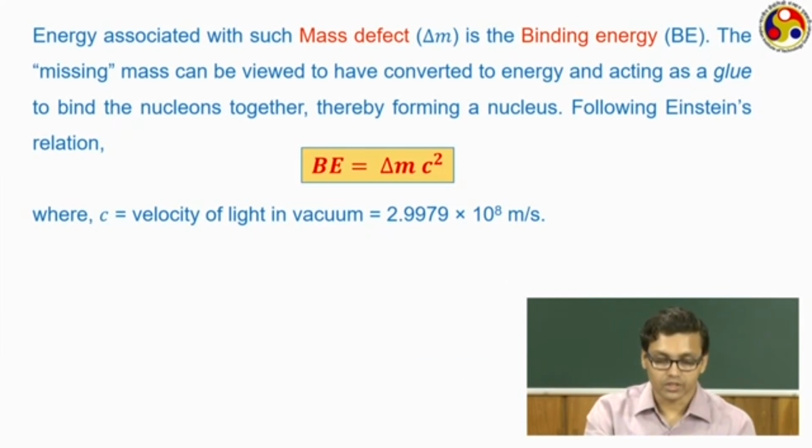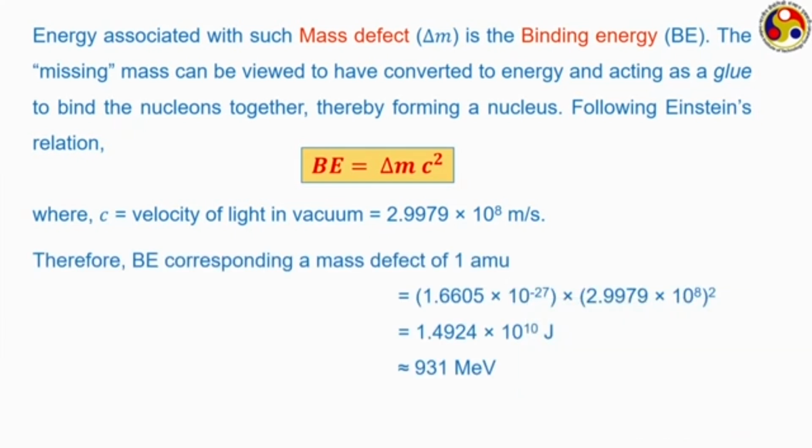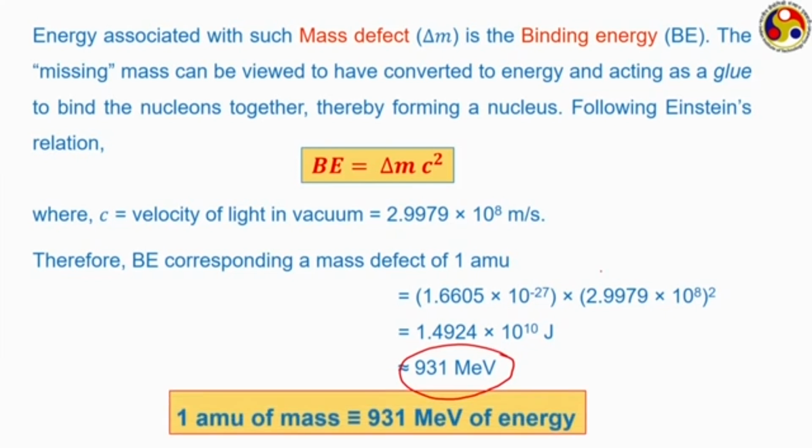Therefore, if we use delta m equal to 1 AMU and put the numbers in the earlier relation, we get that the binding energy corresponding to a mass defect of 1 AMU is equal to 931 MeV. We can safely say that 1 AMU of mass defect is equivalent to 931 MeV of energy.